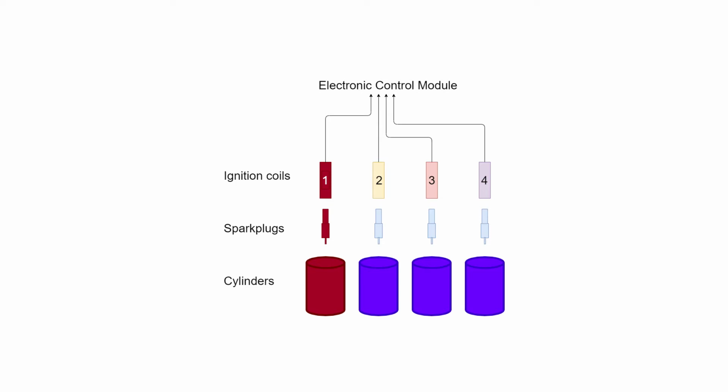Now that we have the OBD scanner, we know that it shouldn't be some of the other cylinders, which also indicates that I don't think it's an air leak problem. And typically it's not a problem with the fuel injector, but it could be. But let's first test out the ignition coil.